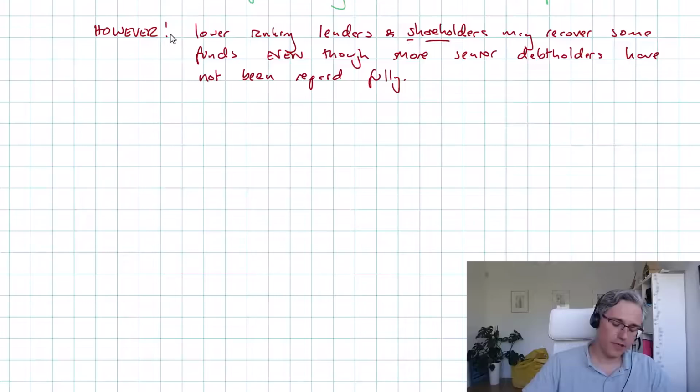Let's see if this sentence makes sense. Lower-ranking lenders and shareholders may recover some funds, even though the more senior debt holders have not been repaid fully. Okay, it's a proper sentence.